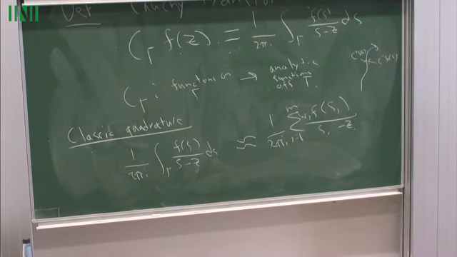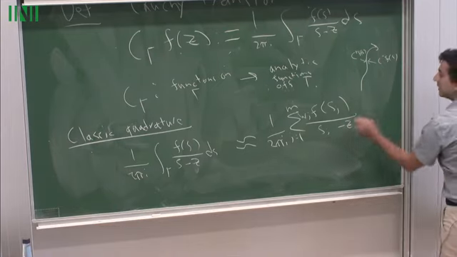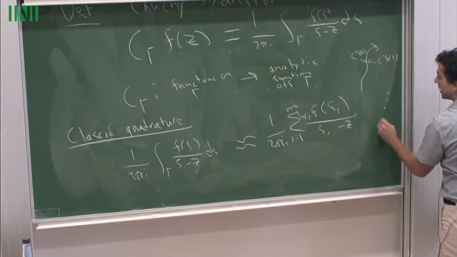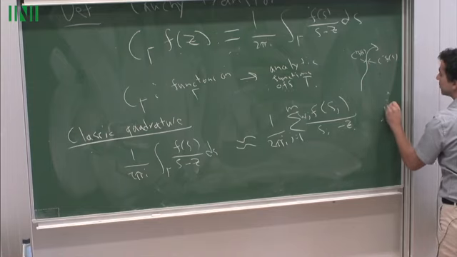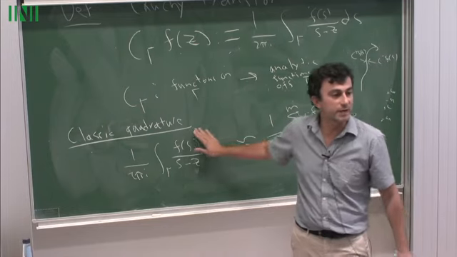But does anyone see what the problem with doing this is? Yes, exactly. We've replaced the function, which has a nice clean branch cut, or jump, whatever you want to call it, by something with poles. So instead of getting the contour, we get a bunch of poles at our quadrature points. So for the most part, we're never going to think about Cauchy transforms as integrals.